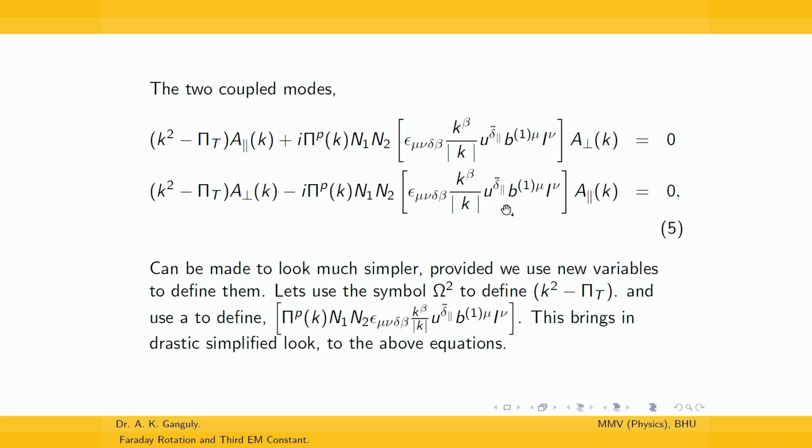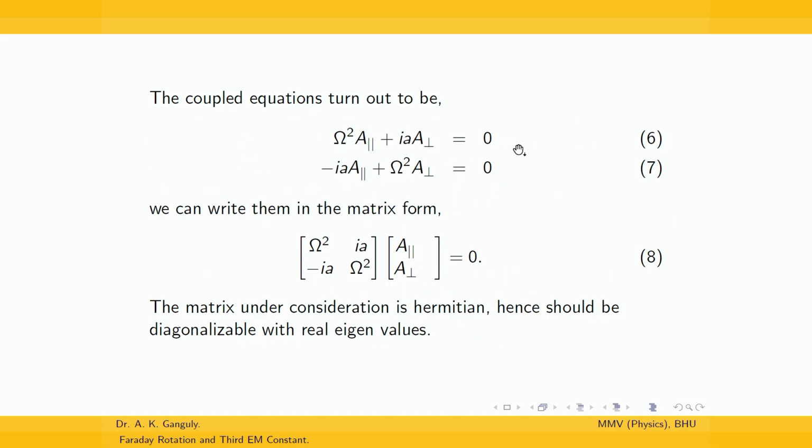we can effectively describe the whole system by these 2 equations, and that takes the form given by equation number 8, where there is a Hermitian matrix multiplied by the column vector of the 2 propagating degrees of freedom.